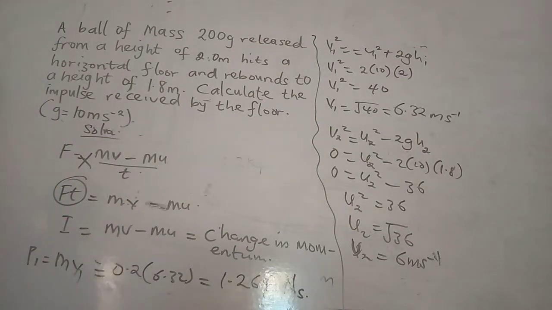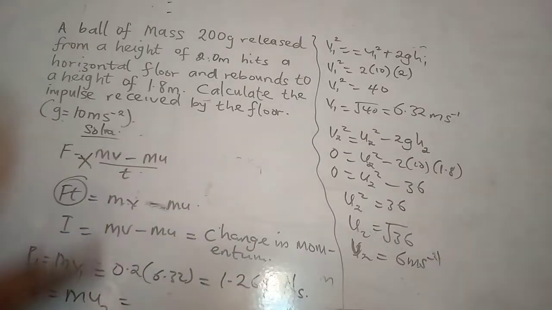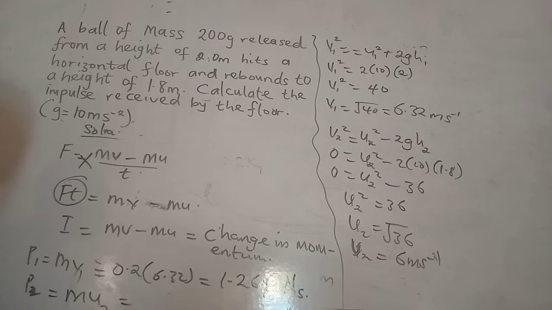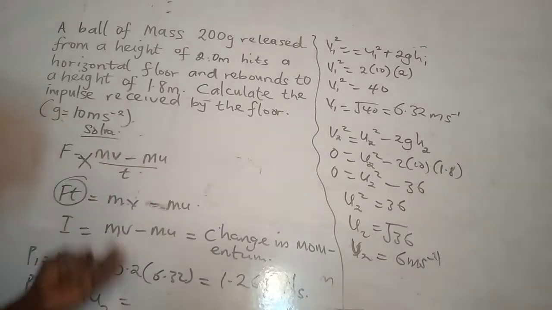Then again, I'm going to calculate P2. So that's going to give us mu2, because this is where at the base of the floor, that is where the change in momentum took place. Now I'm going to assign one of these to be negative because they were in different directions.